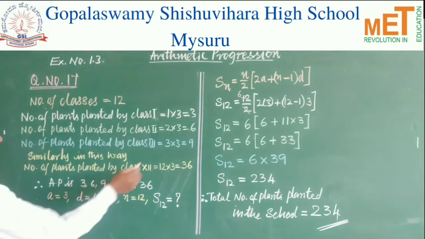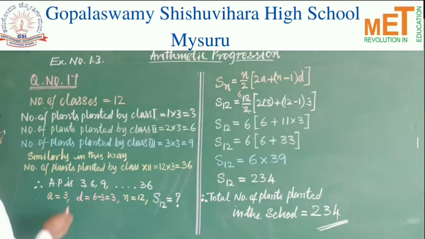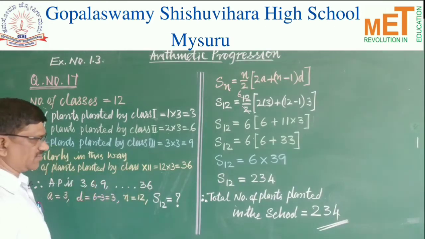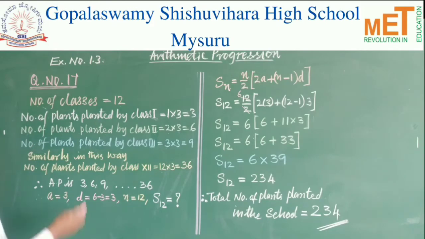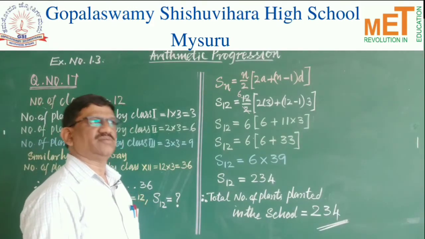If we write this in the form of an AP, the arithmetic progression will be like this: 3, 6, 9, and so on up to 36. There are 12 terms because 12 classes are there.